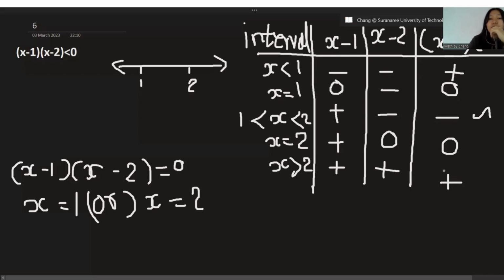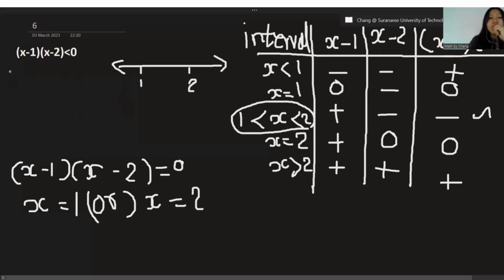You don't need to consider this because the value must be less than 0. So only this interval you need to consider.